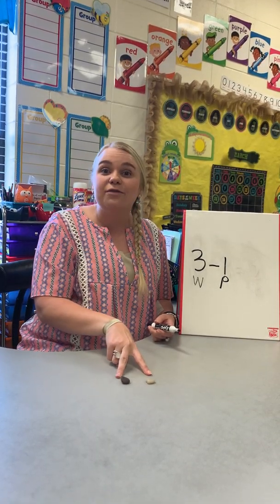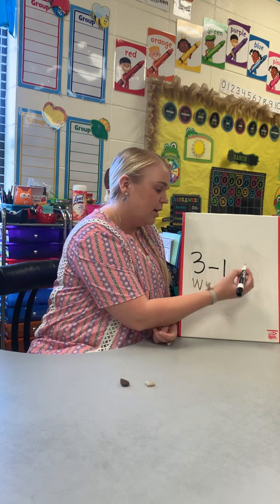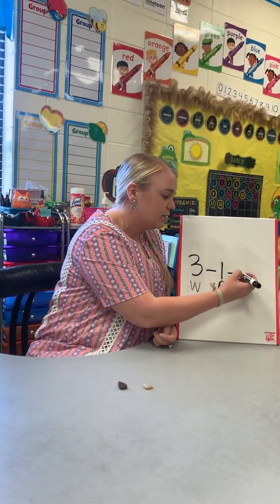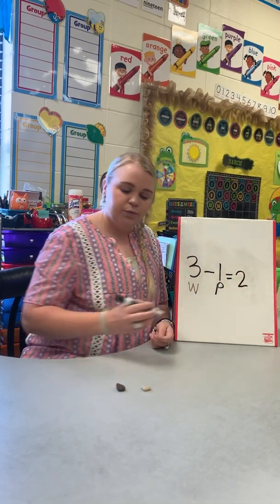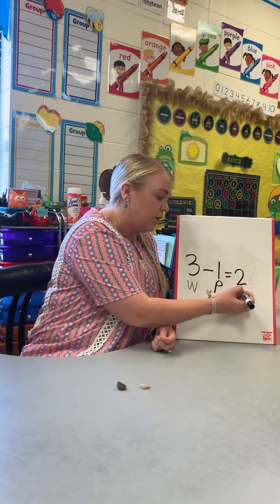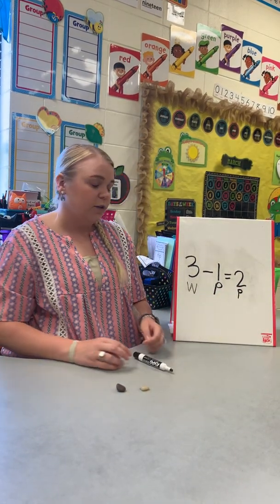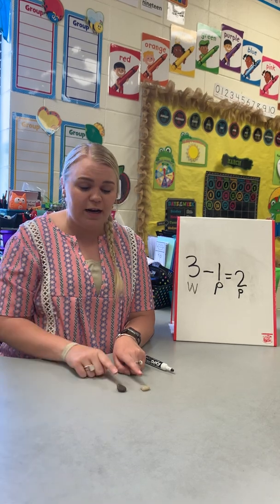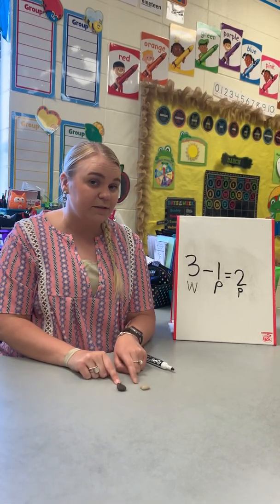That's right. I have 2 rocks left. I'm going to write the equal sign equals 2. That's the part that I have left. I'm going to write a P for part. So, I have the part that my brother took away, and then I have the part that I have left.